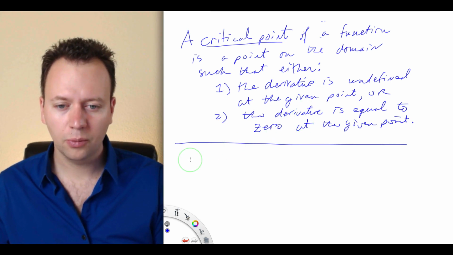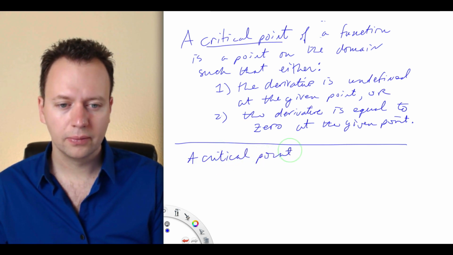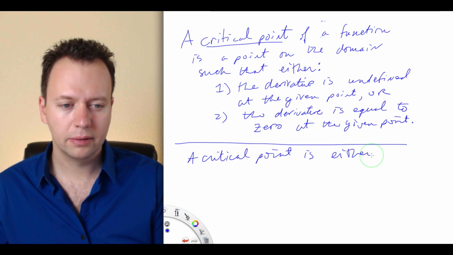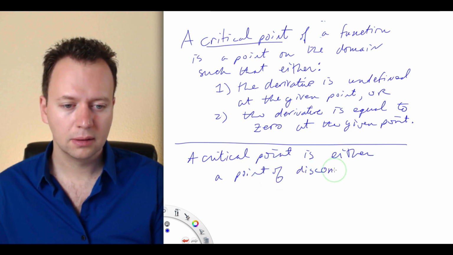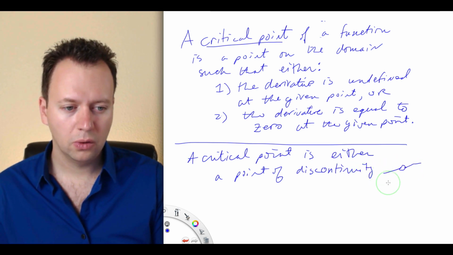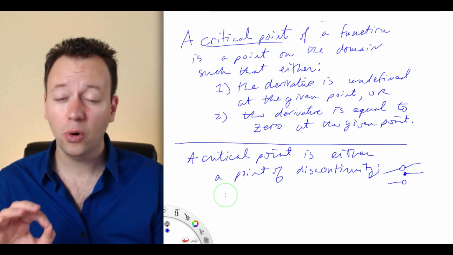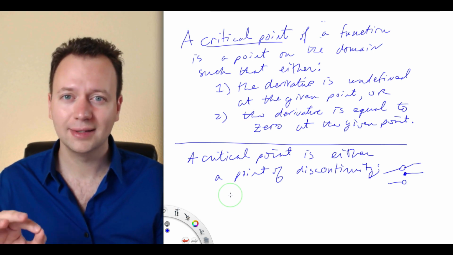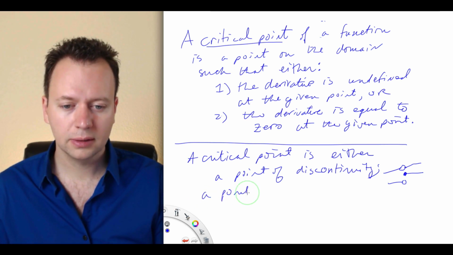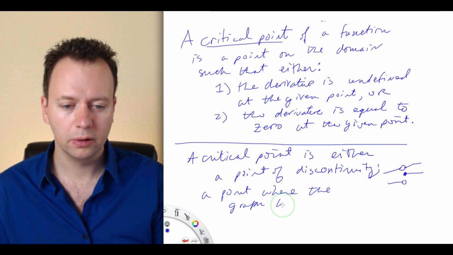So basically a critical point is either a point of discontinuity, in other words, there's some sort of hole or jump in the function, or a point where the graph of the function has a sharp corner.